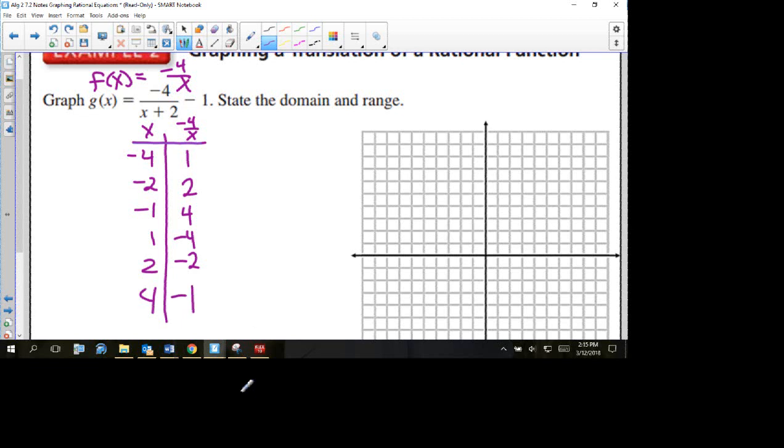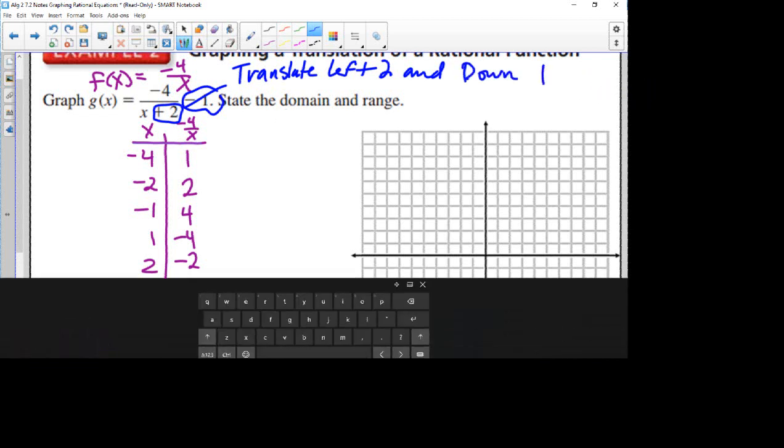And then we have in the denominator with the x a plus 2. What does that mean? Translate left 2. And then what does this negative 1 mean? And down 1.